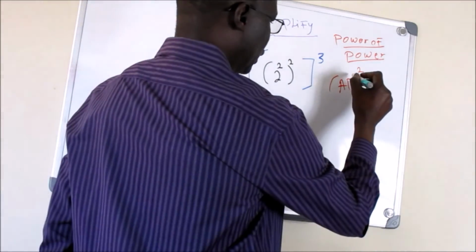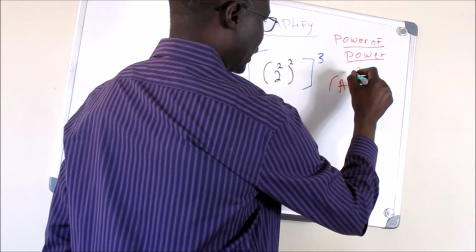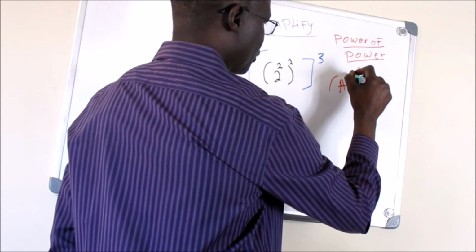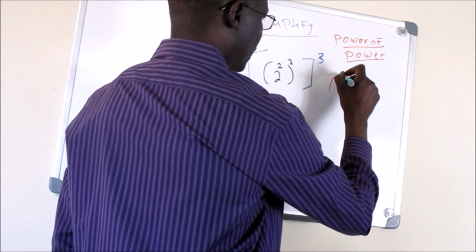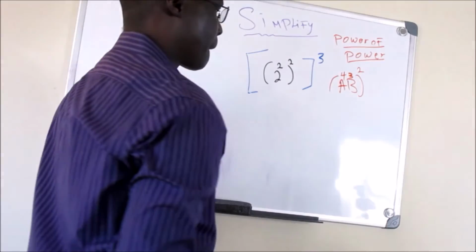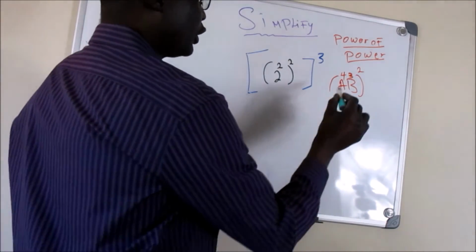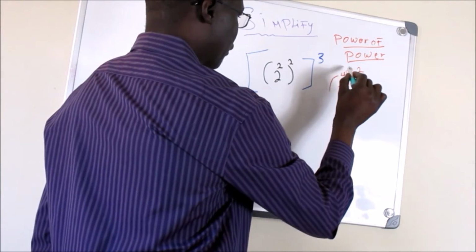What do you do? You deal with the one on the top. Let's say this one has 3, and this one has 4. You deal with the one only on the power.